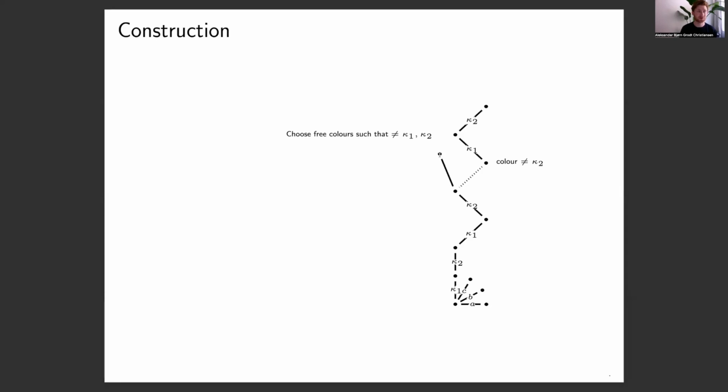Because what we really want to avoid is that we go back and overlap with the path we have already taken. That would not be good. And so we can continue choosing our free colors such that they are not equal to kappa 1 or kappa 2.